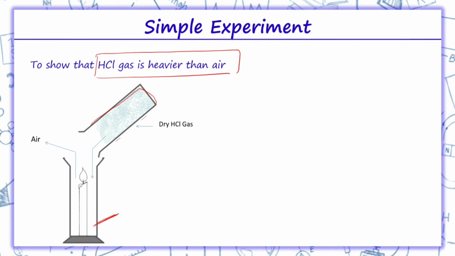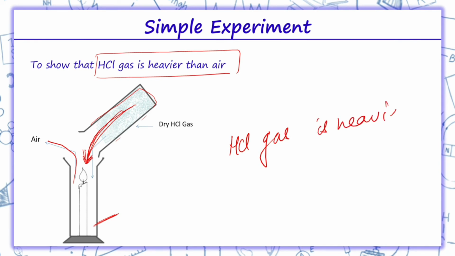Now HCl gas from the dry glass jar is poured over here, and being heavier than air, it displaces the air, because air is coming out and HCl is going in. So this HCl gas displaces the air, and thus the candle extinguishes. This experiment shows HCl gas is heavier than air.